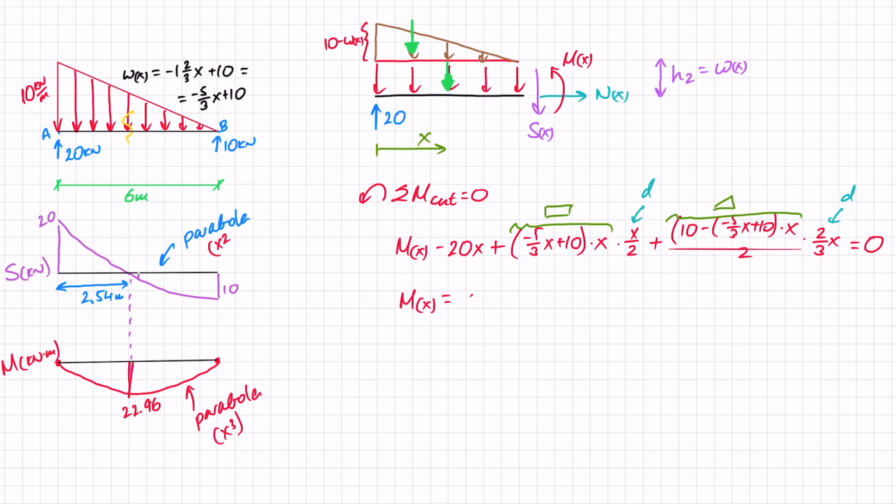So the moment equals 20x minus this thing here, so 5/3 x plus 10 times x squared over 2, and minus this next bit here, 10 minus 5/3 x plus 10, and over, let's see, 2 goes, 3, and here we have x squared.